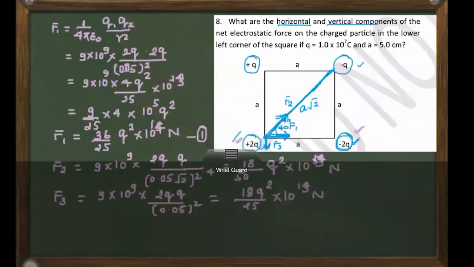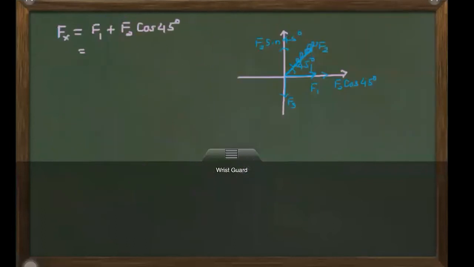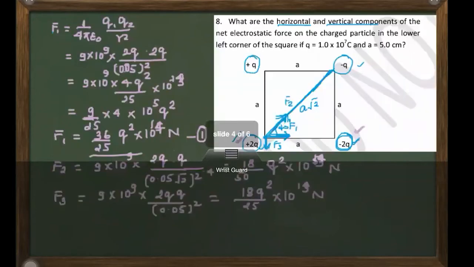You have calculated it here: 36 upon 25 Q square into 10 power 5. It was 36 upon 25 Q square into 10 raised to power 5, plus, what was the value of F2? F2 is equal to 18 by 50.